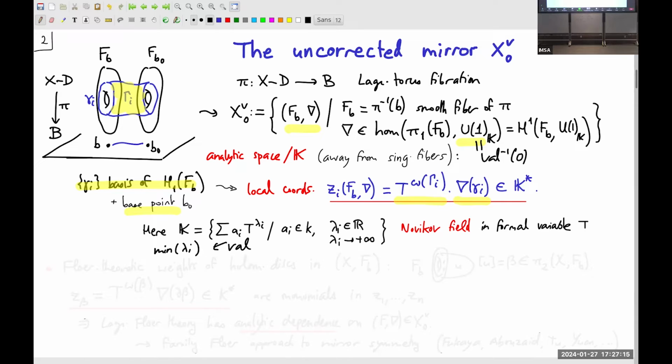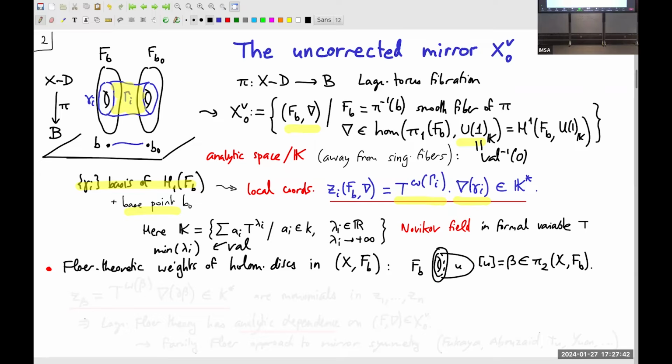So these quantities, you see that these Zi's, if you move B0 somewhere else, they will just get scaled by some constant factors. If you change your basis of homology, they will just change by some monomial change of coordinates. So this is really looking like a piece of an algebraic torus, K star to the n, up to monomial coordinate changes.